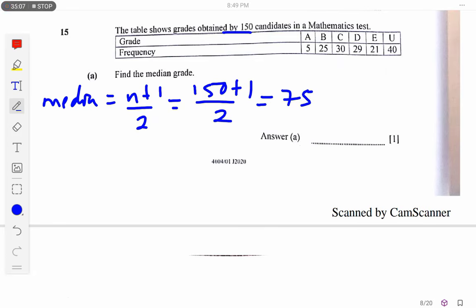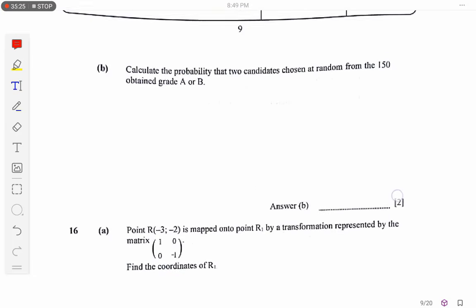Now if I go here, 5 plus this one, I get 30. Plus 30, I get 60. If I take it from this side, I have 40 something there. You find out 75 is lying in D there. So we can simply say it's D. Let's move on to the next part of the question.